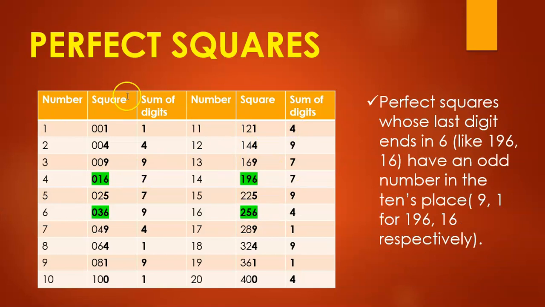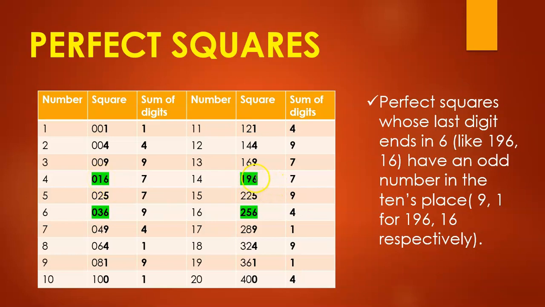Okay? Another property here is if you are looking at squares that end in 6, then the tens digit, like for instance the square of 4, which is 16, and it ends in 6, the tens digit is either 1, 3, 5, 7, or 9, so it has to be an odd number.